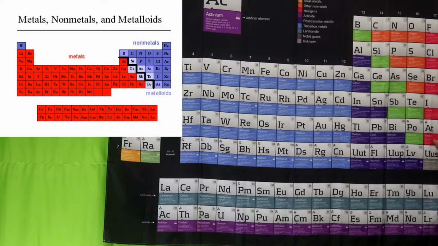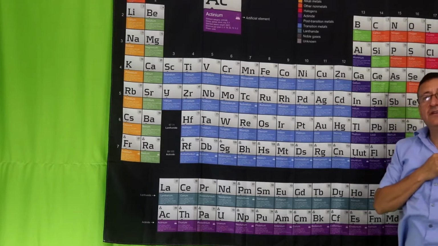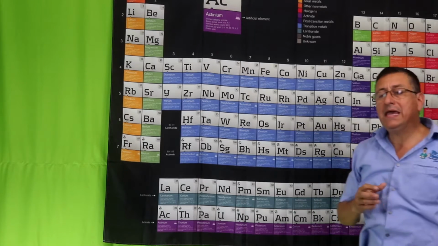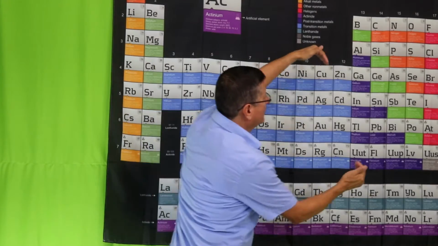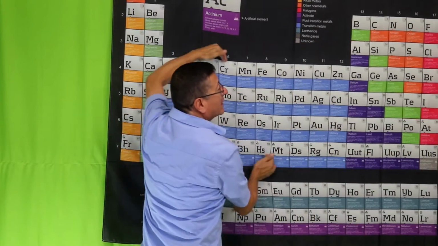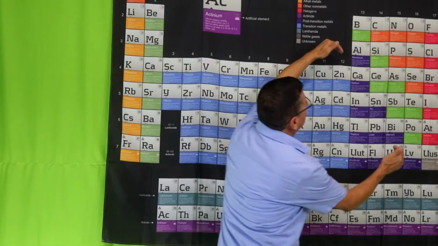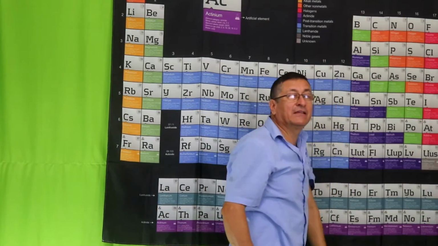That division is very important. Why is that division critical when you study the periodic table? Because below that division, those elements are considered metals, and above the division, those elements are considered non-metals.